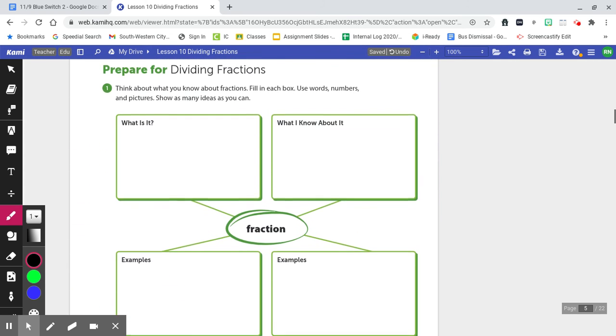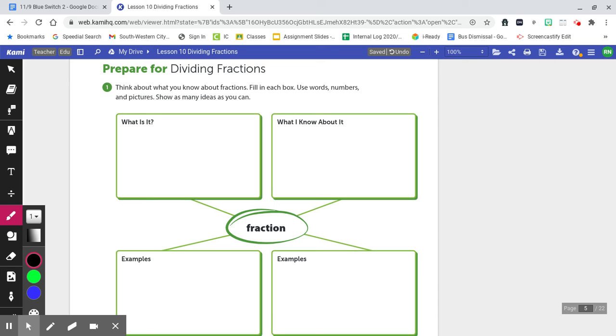I'm going to help you through this one because you're going to do the next page by yourself. So the first one, what is a fraction? It's a number that names equal parts of a whole. What do you know about it? So you know that the numerator tells you how many equal parts there are, and the denominator tells you the number of parts in the whole.